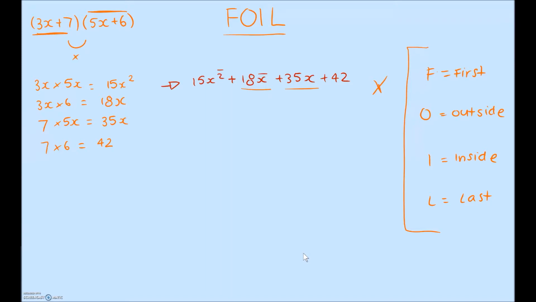Therefore, we must add them together. With this answer, we must now rewrite our expression. Since there are no further like terms and no other ways in which we could simplify this expression, this is our final answer.